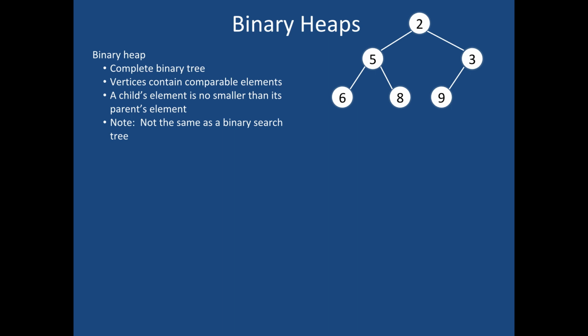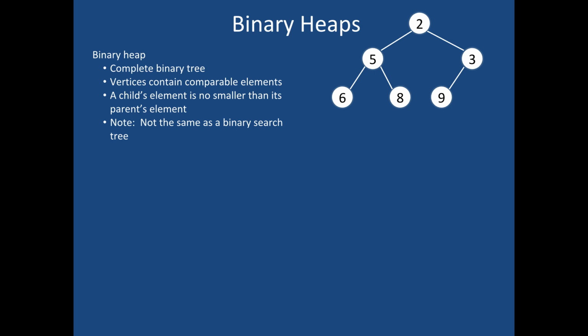And furthermore, on the bottom level, if it's not full, all the holes are on the right side. So you can see here, if you put a right child of 3, the bottom level will be full. It's missing, that's okay because it's the rightmost element. Now, if you stuck something as a right child of 3 and got rid of that 6 hanging out there, it would no longer be complete because the hole's in the wrong place.